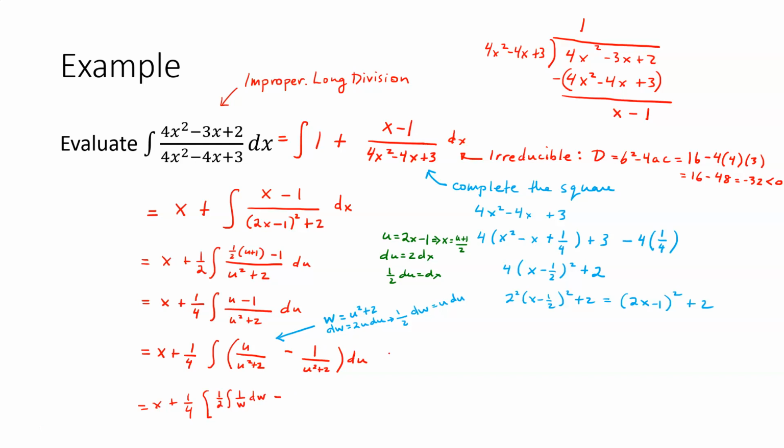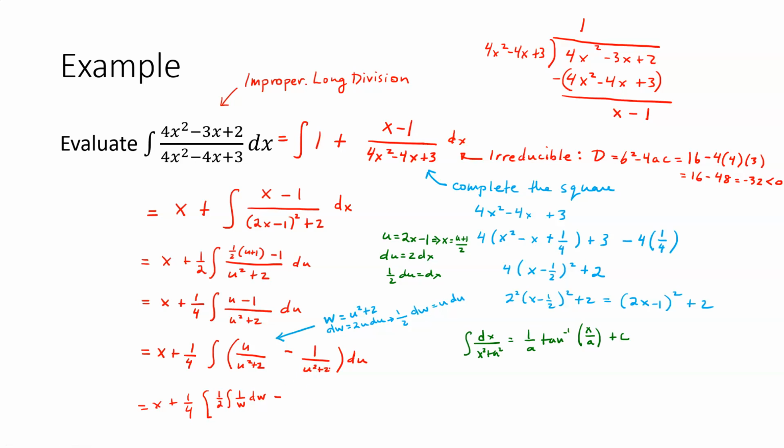Now for this other one, notice this is in the arctangent form, so to remind you, if I have an integral of the form 1 over x squared plus a squared, this will be 1 over a tan inverse of x over a. So that's what we're going to do here. We'll use that formula to get this second part here.